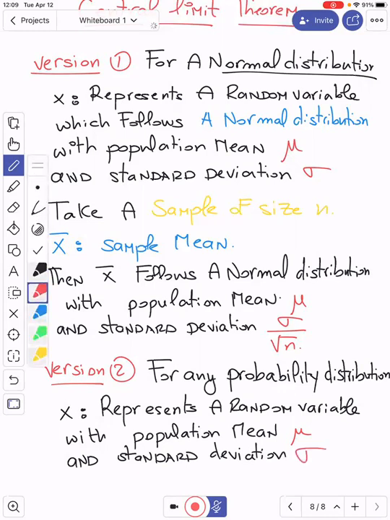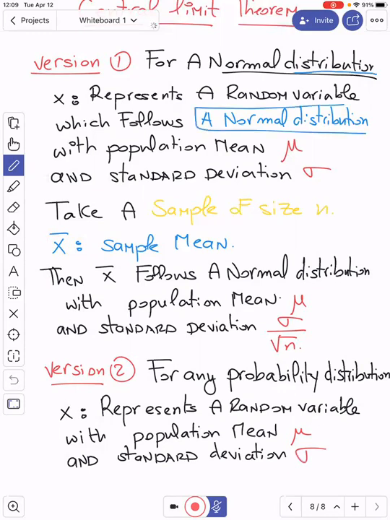So again, the difference between the first and the second version: in the first version, X follows a normal distribution, while in version 2 the probability distribution is not necessarily normal. It can be any probability distribution.